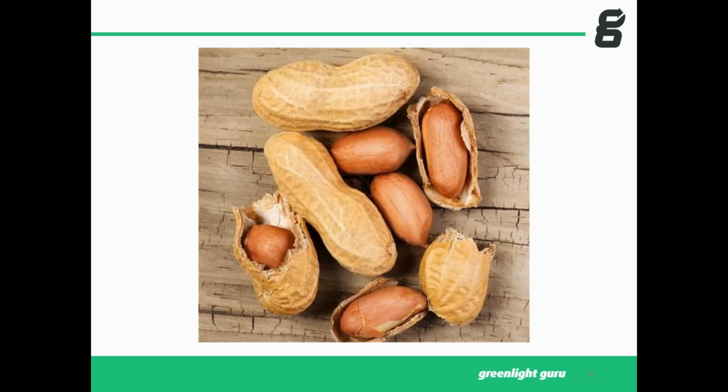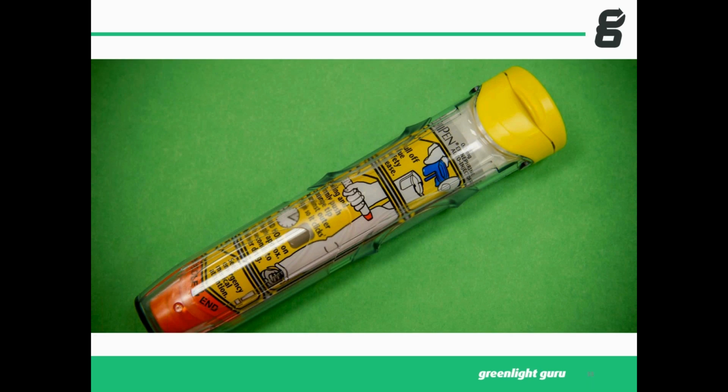My girlfriend, one of her children has a peanut allergy, and her daughter actually has one of these devices. This is an emergency epinephrine device.